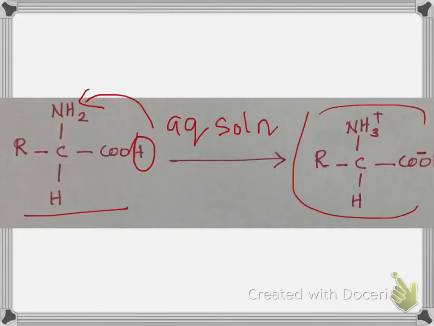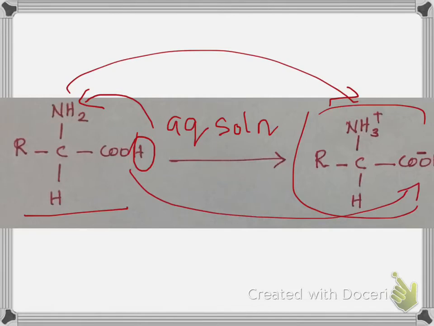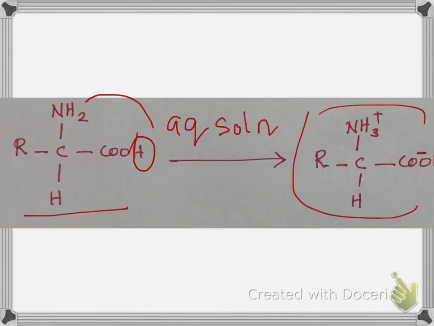So the NH2 group becomes NH3 plus and the COOH becomes COO minus. And in this structure you can see one positive charge and one negative charge. So both charges are there in the same molecule.